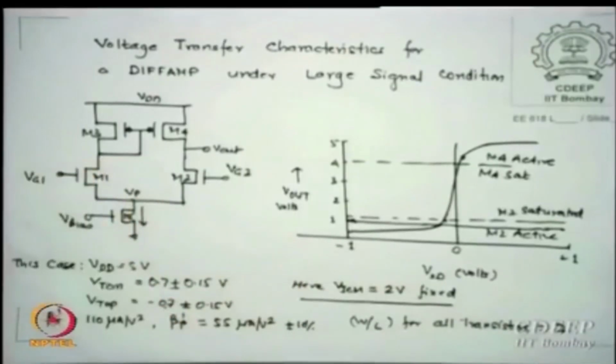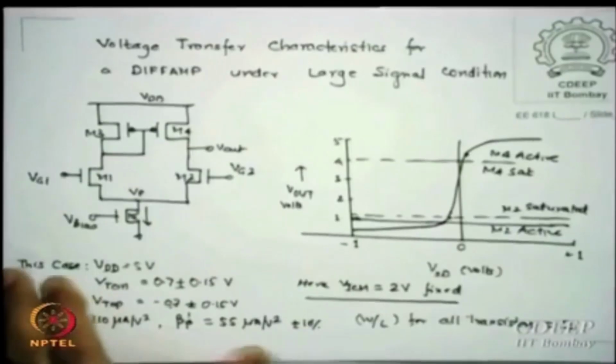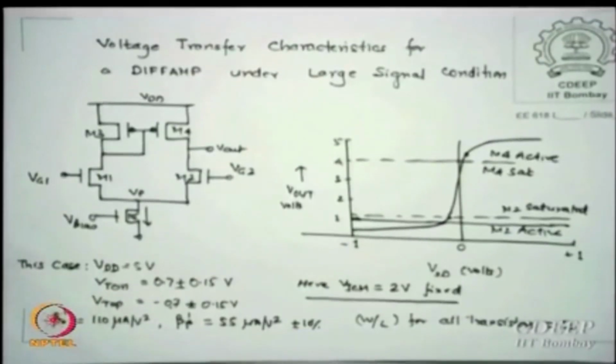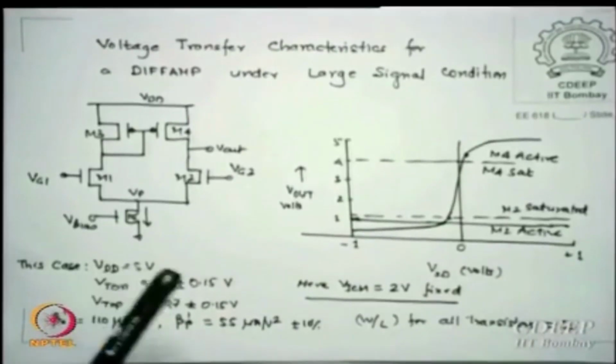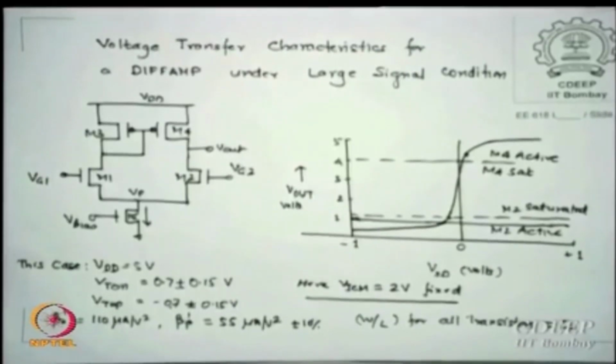So here is an amplifier again, the same thing which I showed. Now let us say a case, I just tell you how the data can be given to you, this is not being used specifically here but just to show you. Let us say I have a 5 volt supply, this 5 volt supply has come from a 0.35 micron process. We used to use 5 micron.